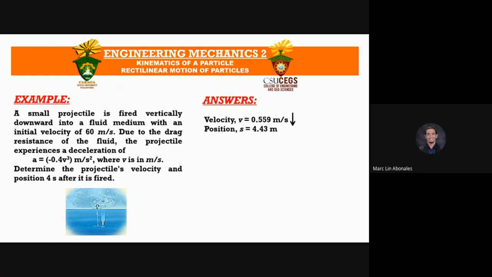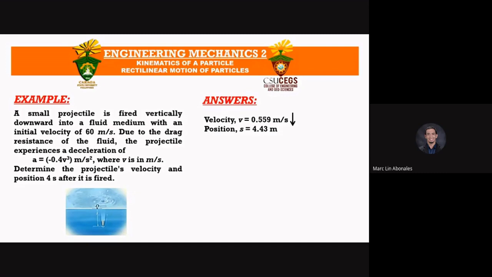A small projectile is fired vertically downward into a fluid medium with an initial velocity of 60 meters per second. Due to the drag resistance of the fluid, the projectile experiences a deceleration given by the equation a equals negative 0.4 v cubed meters per second squared, where v is in meters per second.